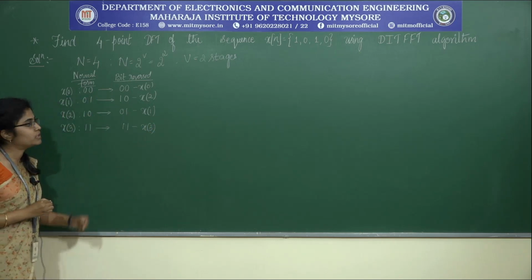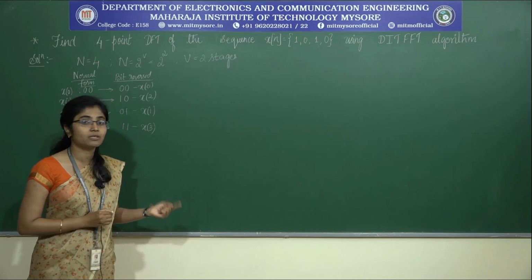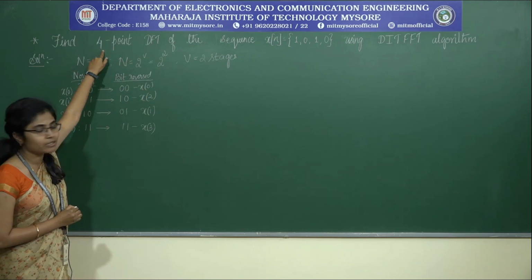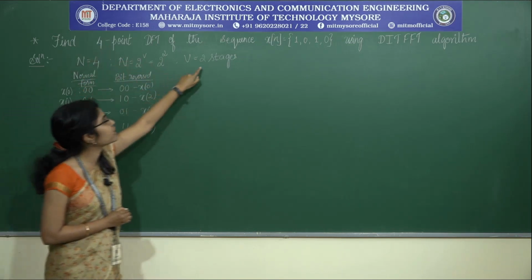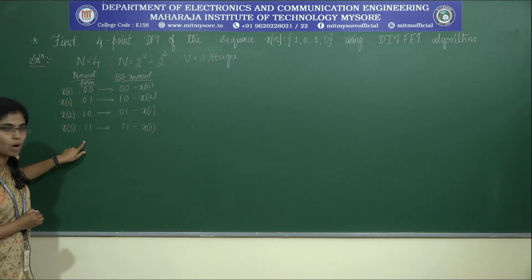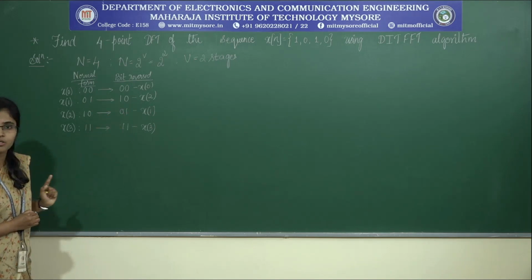We all know that with the help of the divide and conquer approach, the input sequence in DIT FFT will be in which order? Bit reversed order. So whatever point DFT they tell us to find, first find the number of stages, then write down the number of combinations in normal form, and then find its bit reversed form, so that I can write the input in this particular format.